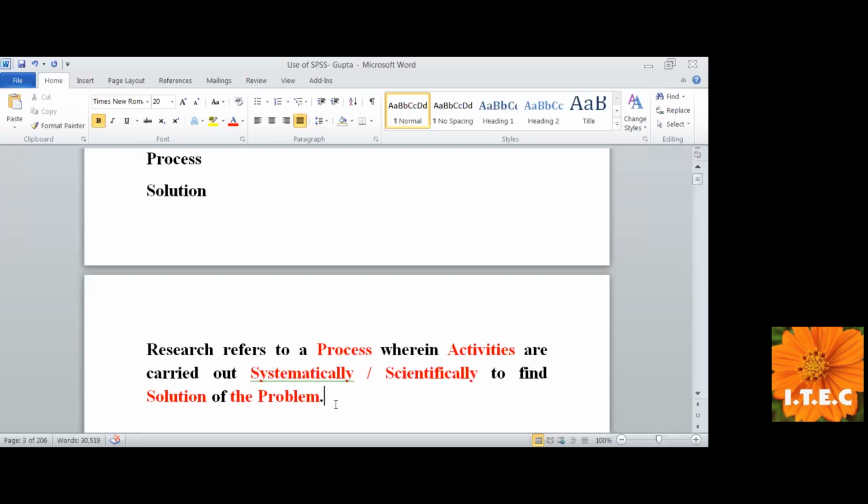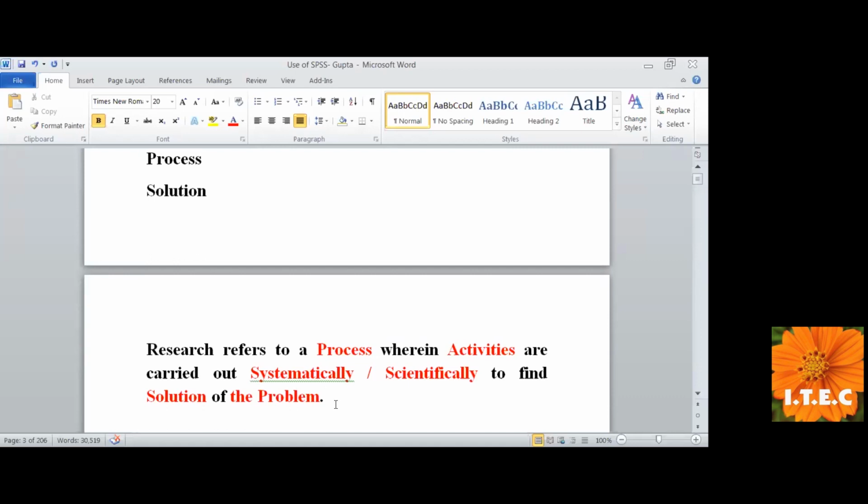India came up with their own vaccine. Australia came up with their own. So every country came up with their own vaccine. So the problem is the same, solution may be many. That is why I did not write the solution. I wrote solution of the problem.